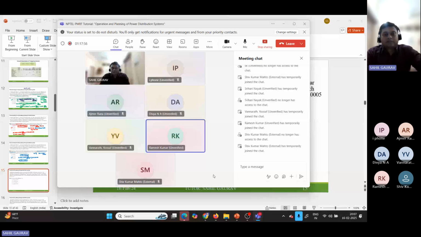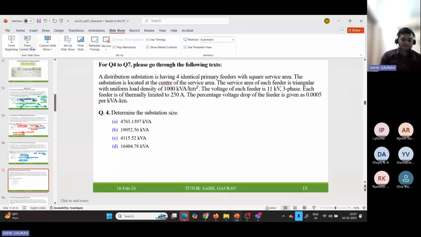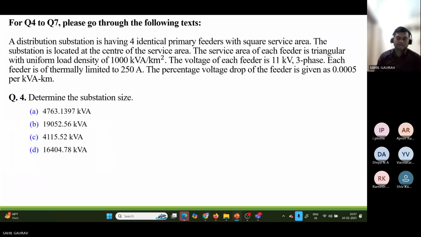So you start from this question number 4. You have to determine the substation size. And in this, if I give you a hint, in this problem the feeder is thermally limited to 250 ampere.